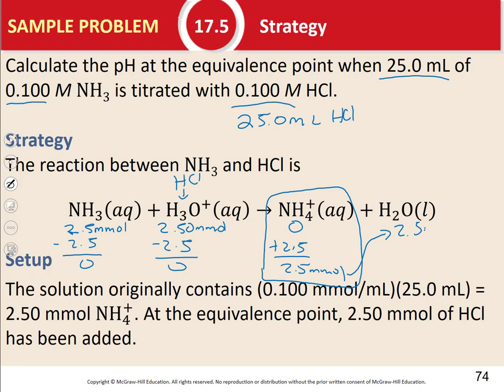So 2.5 millimoles divided by our 50 milliliters equals what concentration? Good, 0.05.